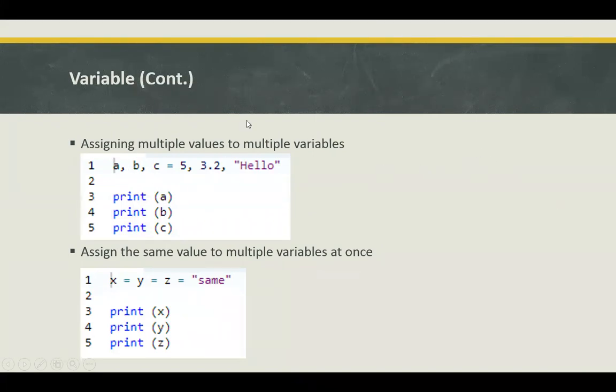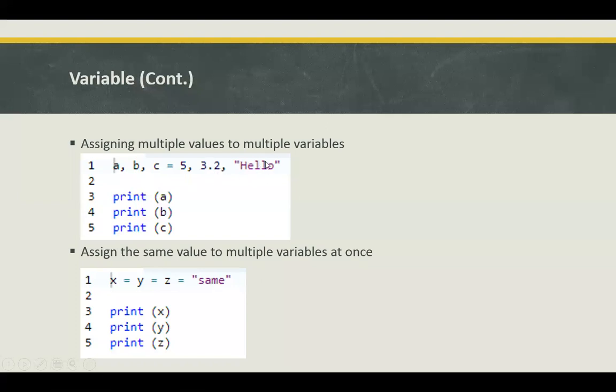Now we'll see the next concept, that is assigning multiple values to multiple variables. Now suppose A, B, C, the three variables I am using, and here I am assigning value 5, then 3.2, and then hello. So here this is an integer value, right? This is a float value.